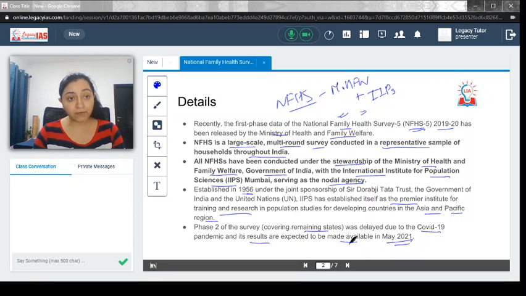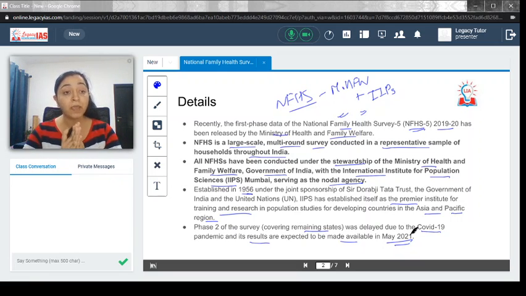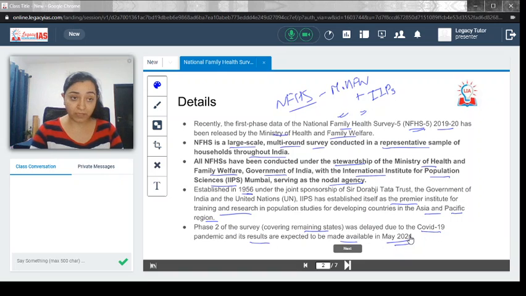So the idea is that phase 2, which will have the data for all the states, would be presented maybe in May 2021. Right now the phase 1 details have been made public.